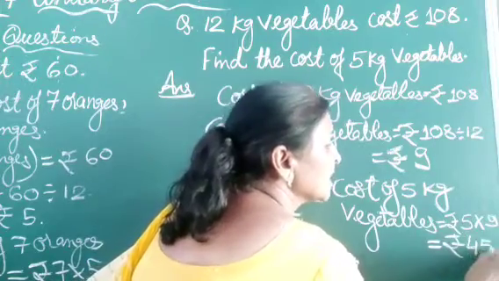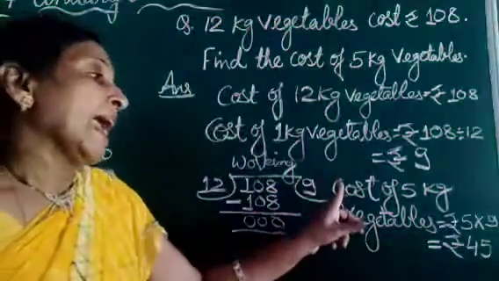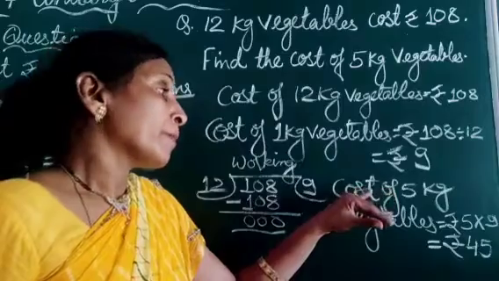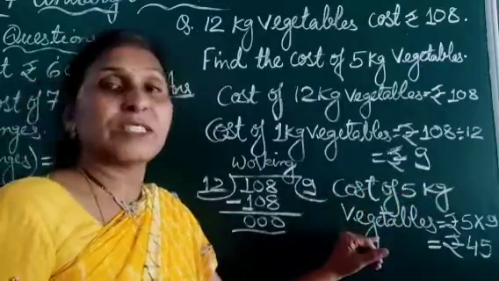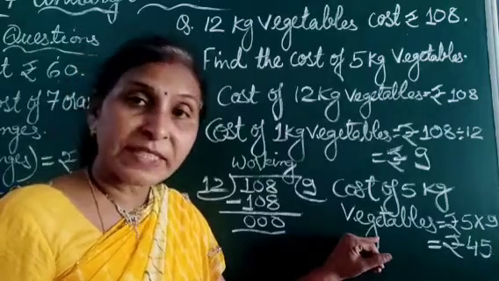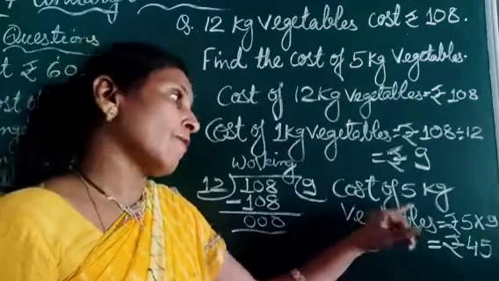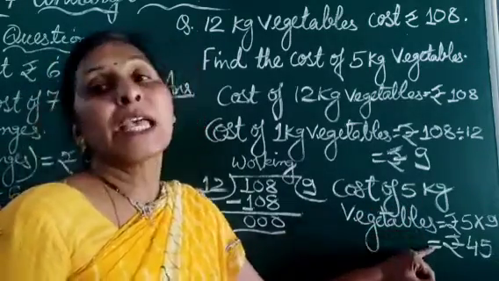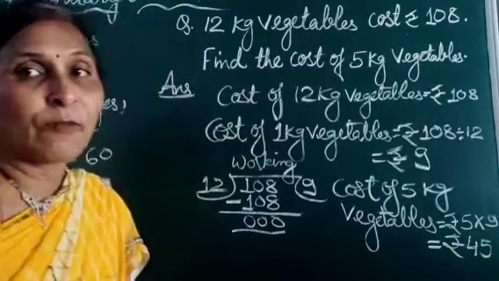So here rupees 45 comes, and this is the cost of 5 kg vegetables. Now what is the cost of 5 kg vegetables? The cost of 5 kg vegetables is rupees 45.